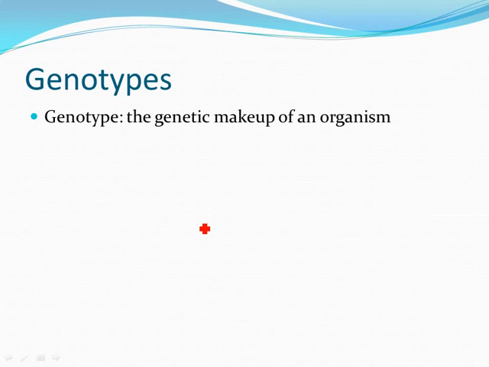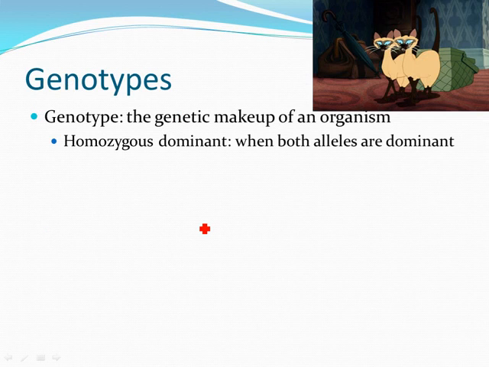So remember, when we're talking about genotype, we're talking about the genetic makeup. We want to know what that particular trait will be. Homozygous dominant is when both alleles are dominant.